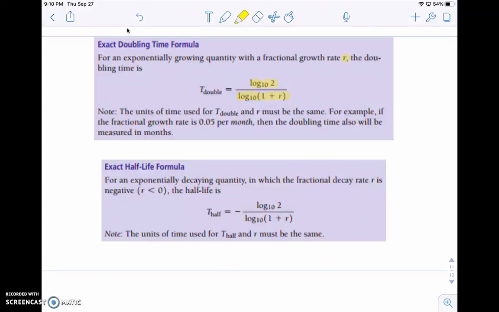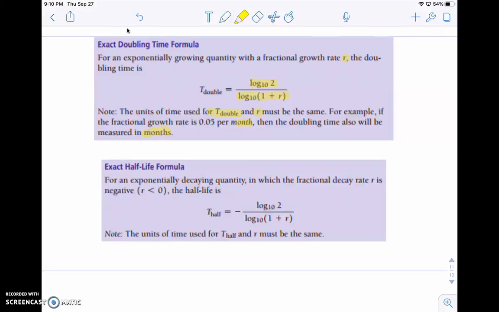And the units of time used for t doubling and r must be the same. So if you're in years, you've got to be in years for the other, or days and days, and so forth. Those have got to match up, month for month, day for day, or whatever the case may be.